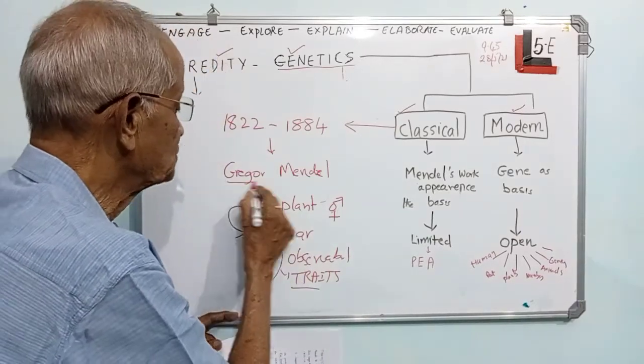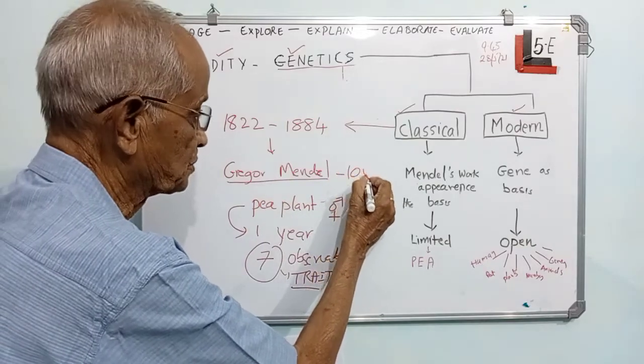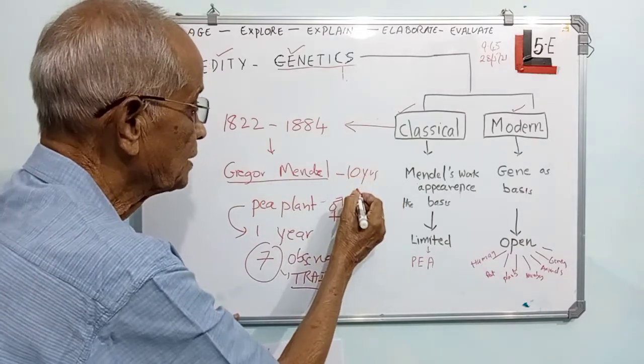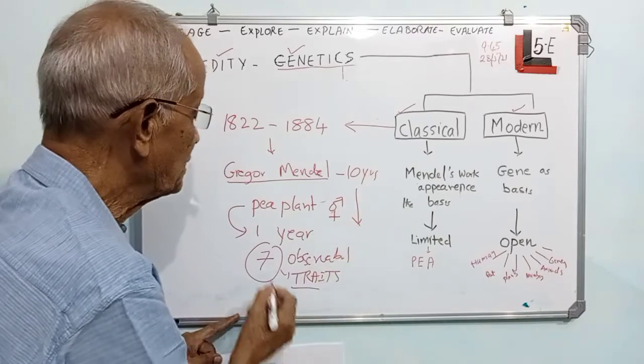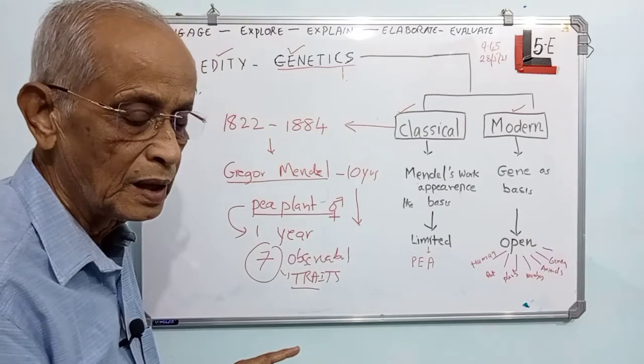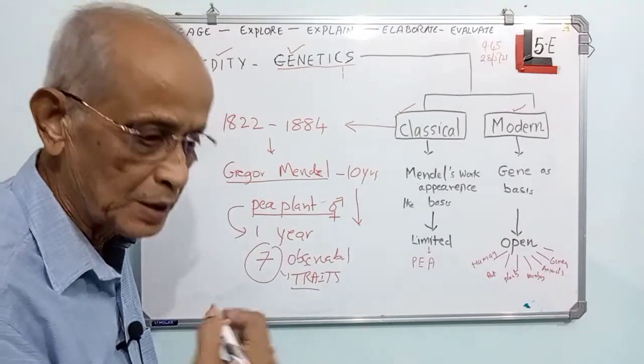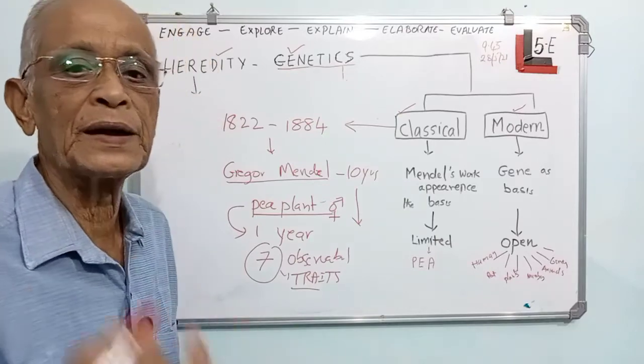Gregor Mendel studied this for almost 10 years. That means he must have studied the pea plants reproducing and producing plants, again and again, like that.